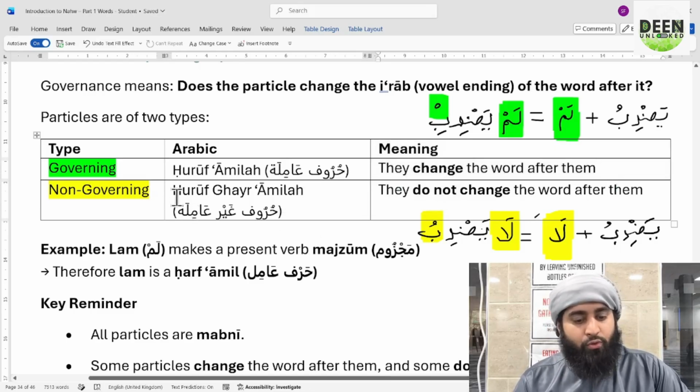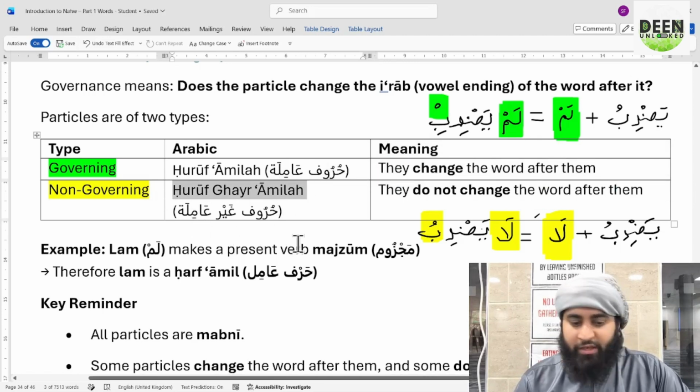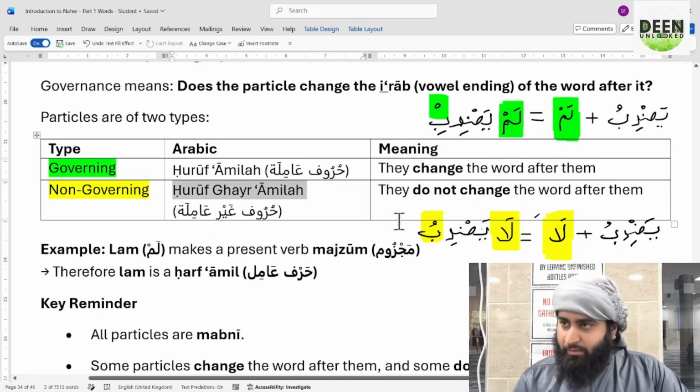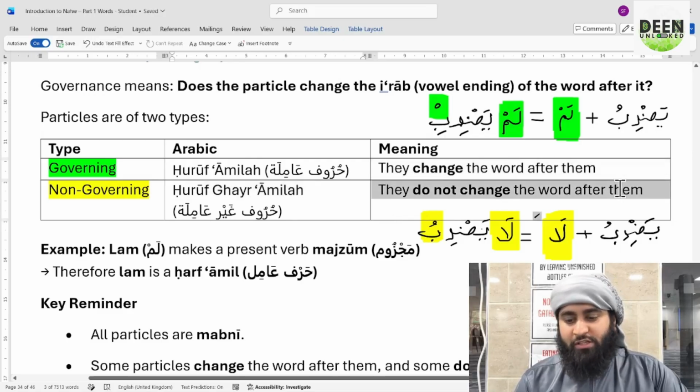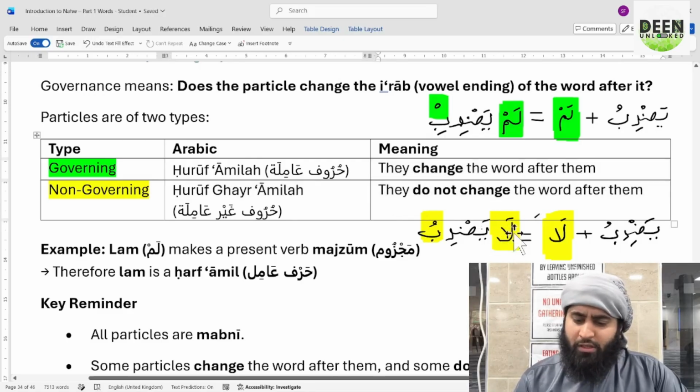And then you have huruf ghayr amila. They do not change the word after them. An example, look, la yadribu. First it was yadribu. We added the la, and what happened? La yadribu. Look, yadribu is still the same.